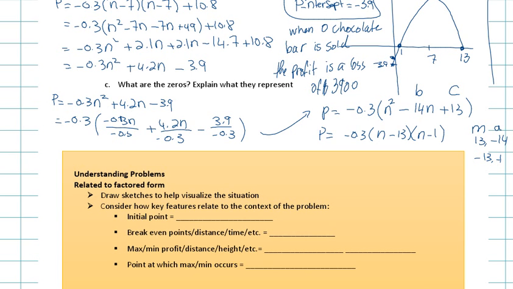What's the profit right here? 0. Right? So if I sell 1,000 chocolate bars or 13,000 chocolate bars, I'm gonna make a profit of 0. Anything between 1,000 and 13,000 is gonna make me plus profit, so it's gonna make me some money, right? Anything below 1,000 or greater than 13,000 is gonna make me negative profit.